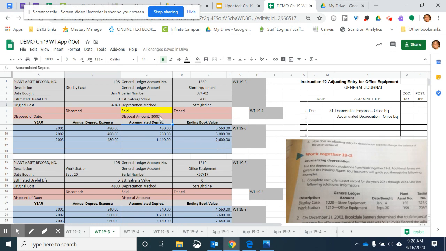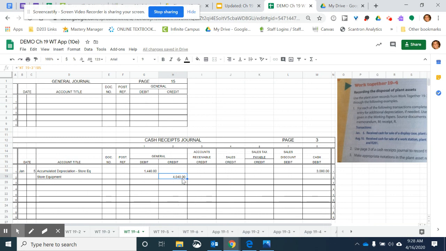We got $3,000. So on the books we made money. All right, so we have to reflect that in our income statement. So our work here will help build that income statement. All right, so because we sold it for more, this account title is going to be a gain on plant assets.